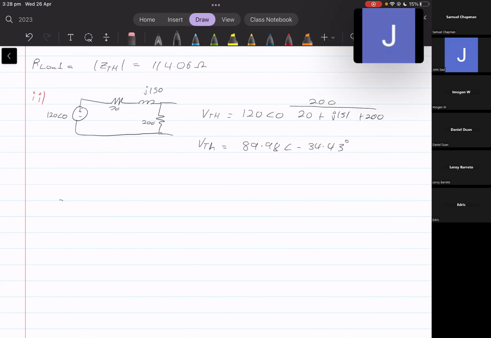So now that we know V-Thevenin, and we know Z-Thevenin, we know what our load is.